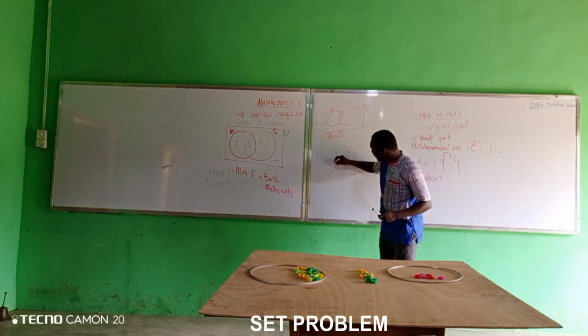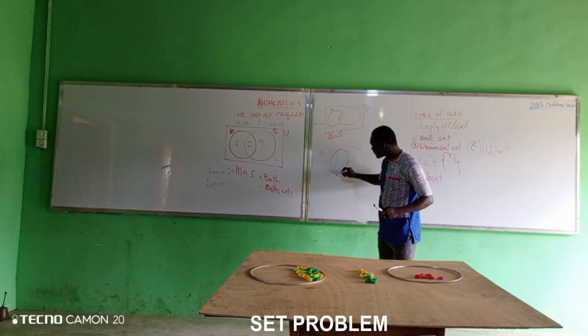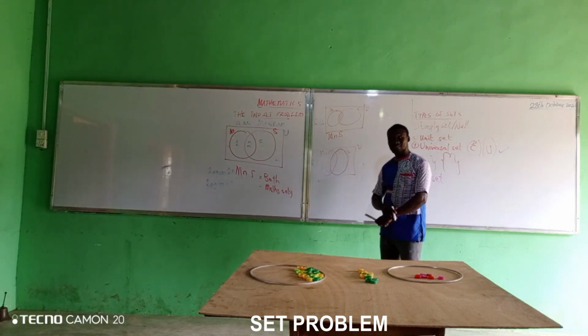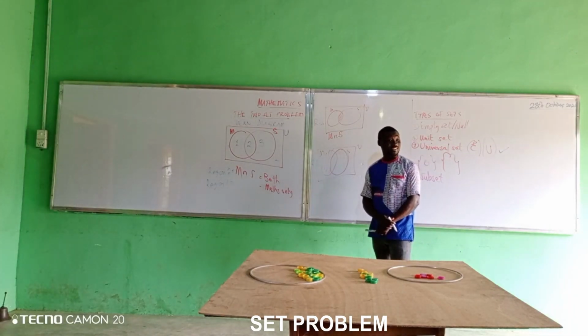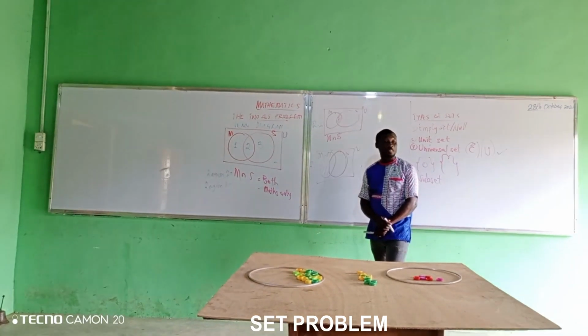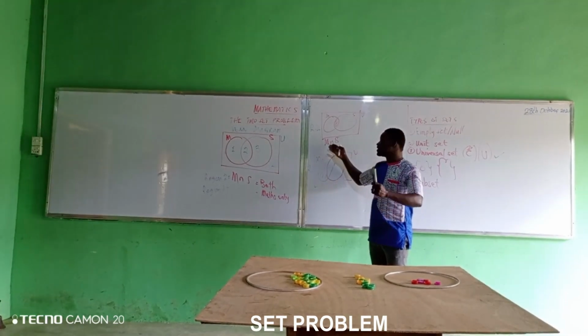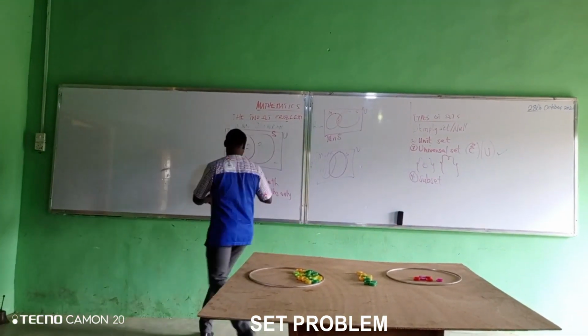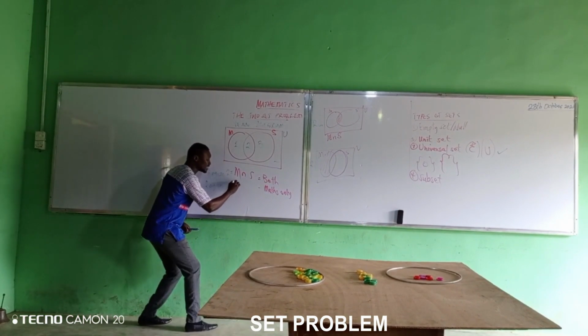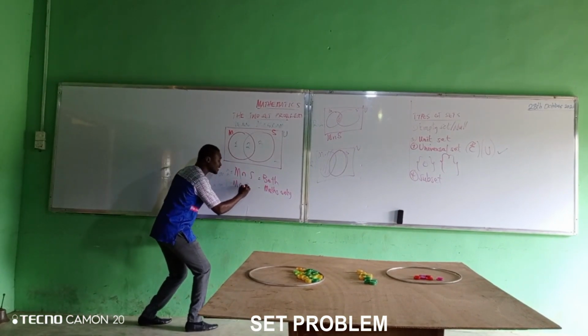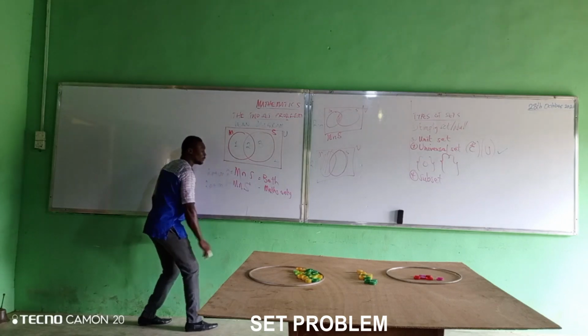Let's take this sector. Who said this sector is not affected? It's not affected. It is mathematics only. So if you want to describe this, you say mathematics intersection science, complement.